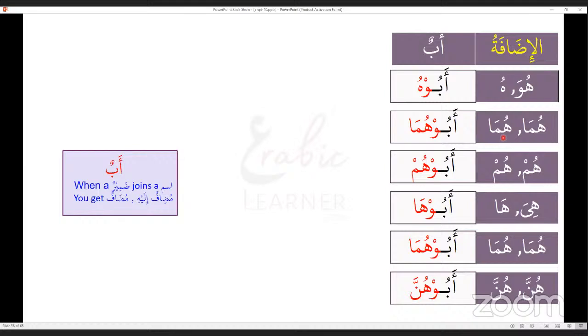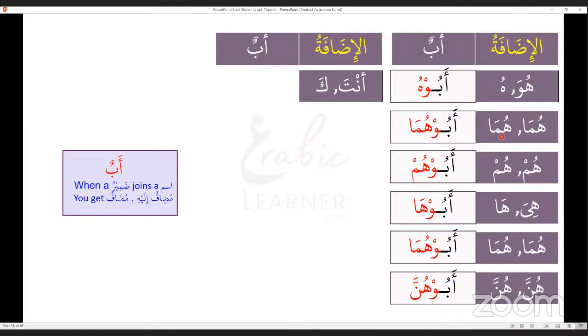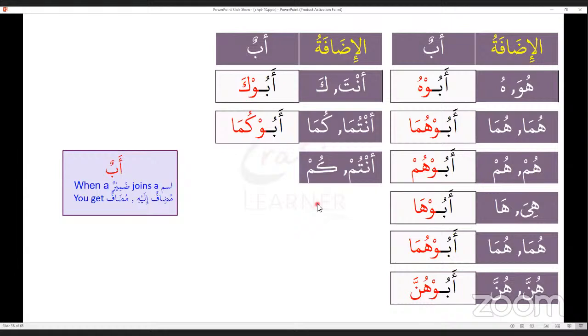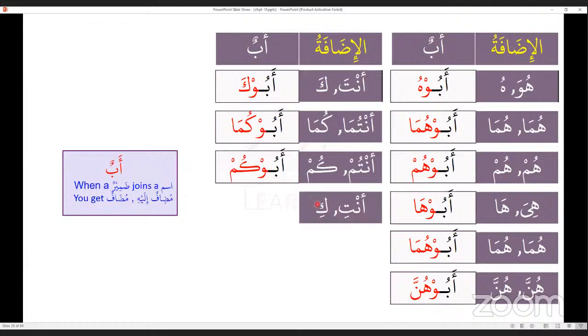Your father, abuka. You both, your father, two male persons, abukuma. Your father, you all people, abukum.